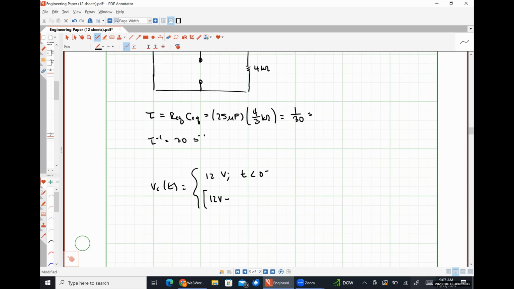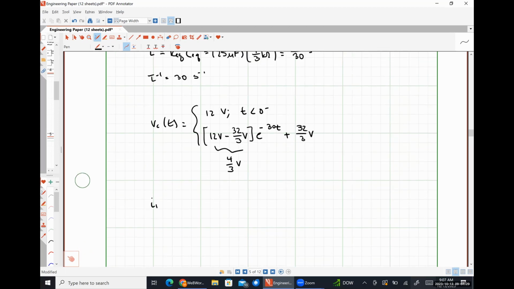What was VC at infinity? VC of t equals 4/3 e to the negative 30t plus 32 over 3 volts. So let's see, 36 over 3 minus 32 over 3. So this is going to look like 4/3 of a volt.